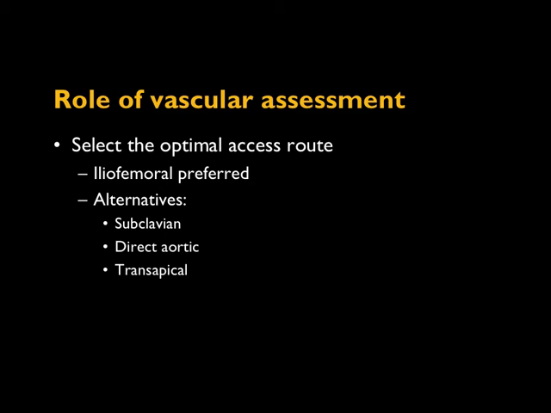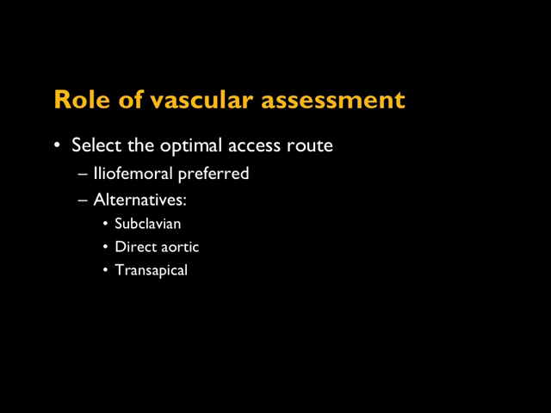go to subclavian access. And then as another sort of last-ditch resort, they can either do direct aortic, where they actually go between the ribs and puncture the ascending aorta, or transapical, which is really the last choice, which means they also go between the ribs and actually go directly through the apex of the heart.